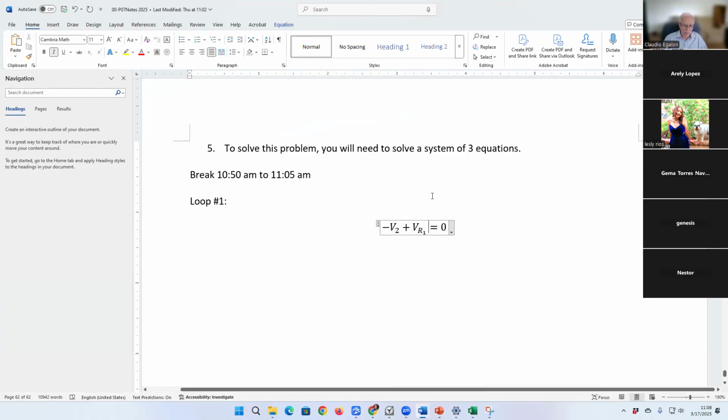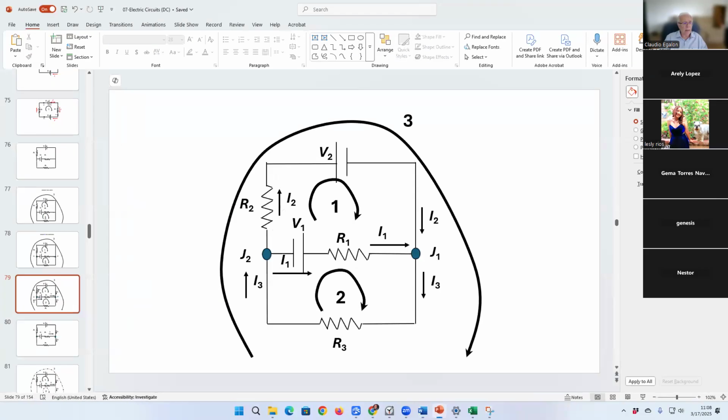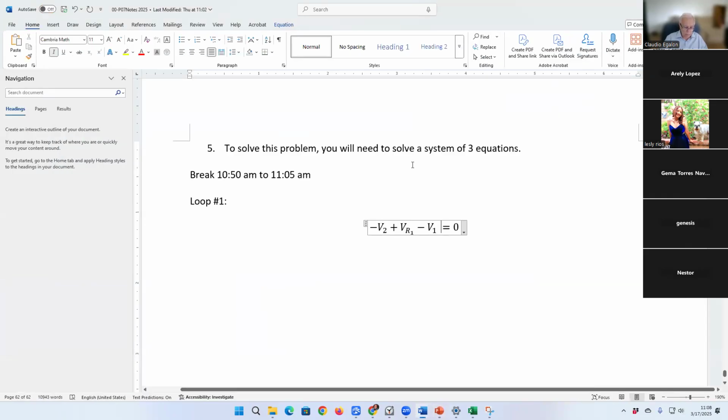It's going to be minus V1. And the final one: we are going in the direction of the flow of the current across a resistor, so we're going to lose electric potential, and we are going to use minus I2 times R2.